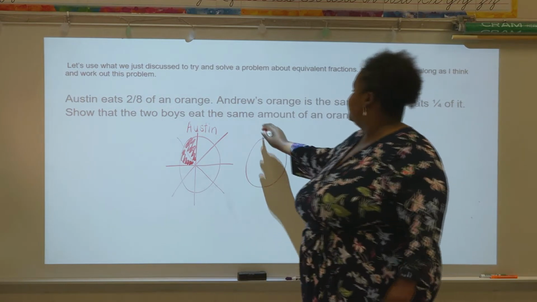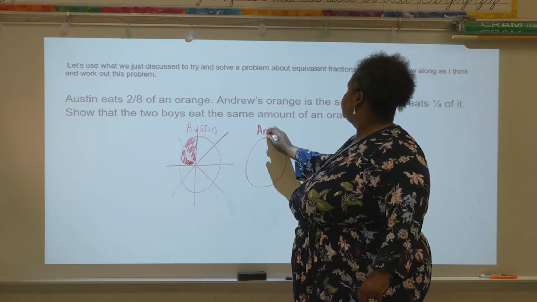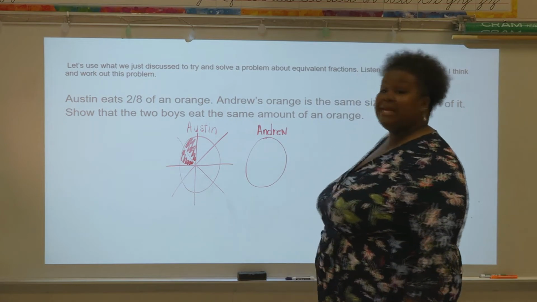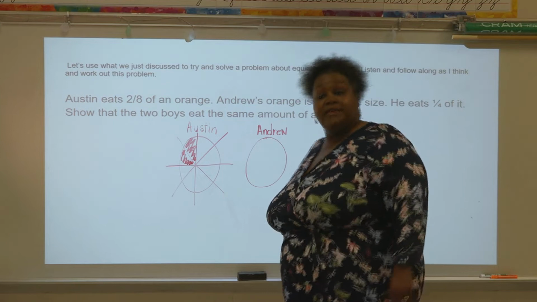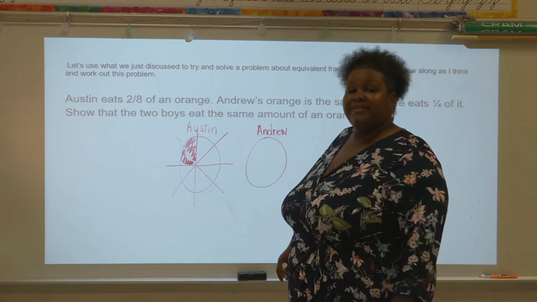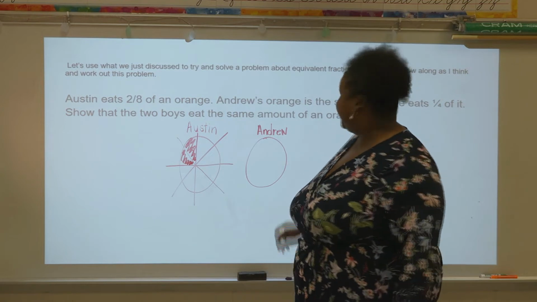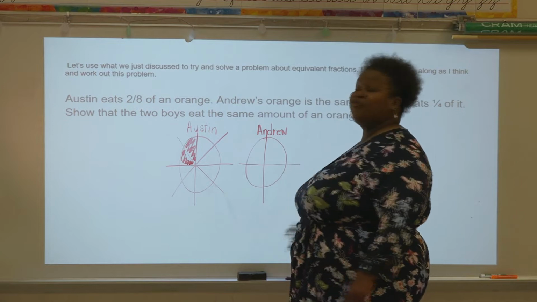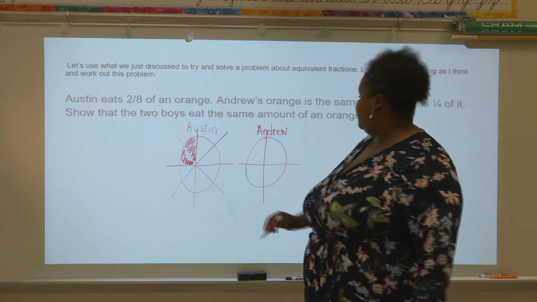This will be Andrew's. He eats 1/4 of his orange. So what do I need to draw this circle into? And I bet you said 4ths. 4 equal pieces. I drew it into 4ths and he eats 1 piece.